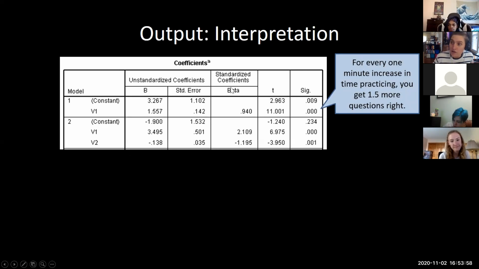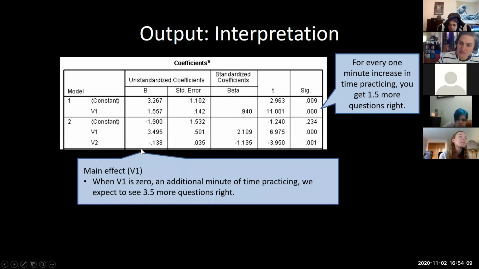Now here, for every minute increase in time practicing, you're getting about 1.5 more questions right. Whereas here you have to put it in space, just like with interactions. That slope is only valid at that point when your x is 0.